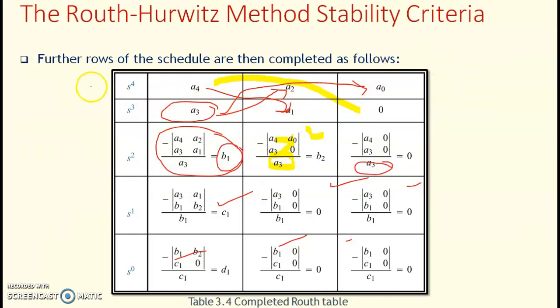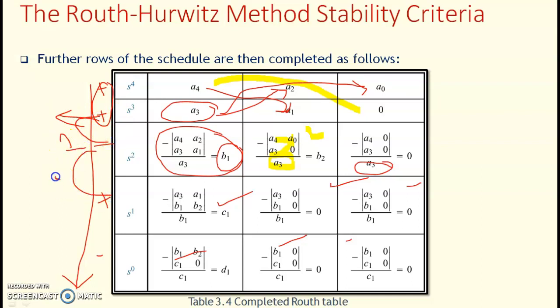Suppose here are the elements of the column. The first value is plus, the second value is plus, the third value is minus, the fourth value is again plus, the fifth value is minus. Plus to plus, there is no sign change. From this point you have to consider plus to minus, one sign change; minus to plus, a second sign change; plus to minus, a third sign change.